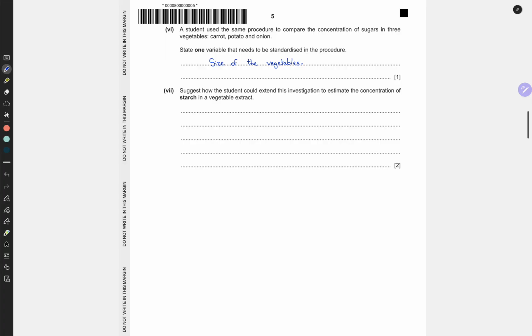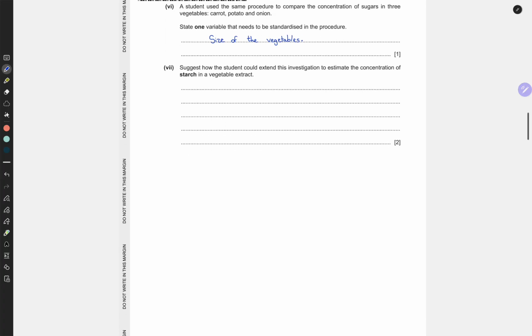Suggest how the student could extend this investigation to estimate the concentration of starch in a vegetable extract. So the tricky part here is that the examiner wants you to add the solution used to test for starch, which is the iodine solution.